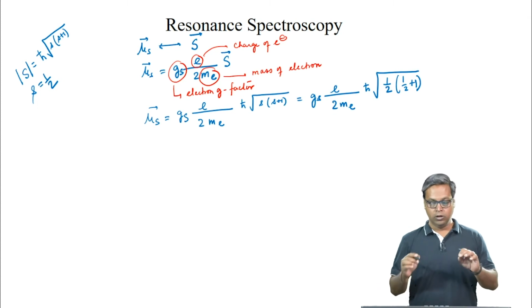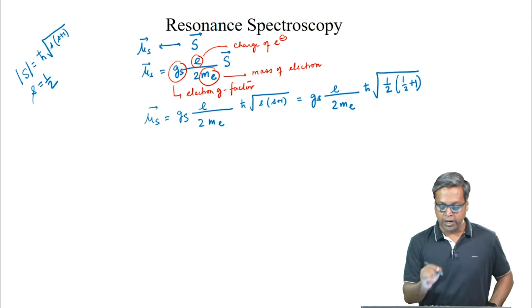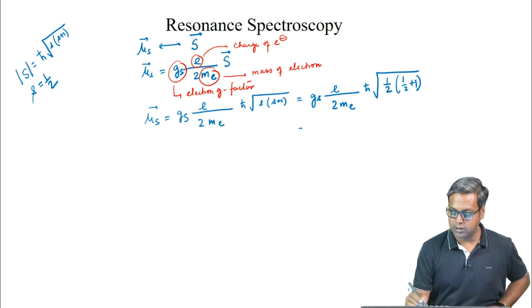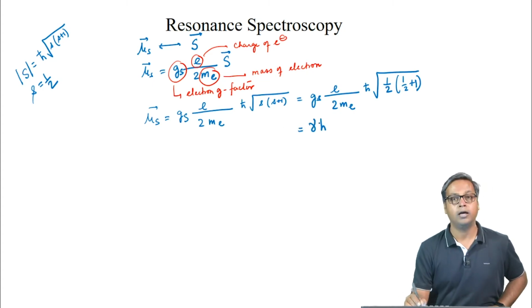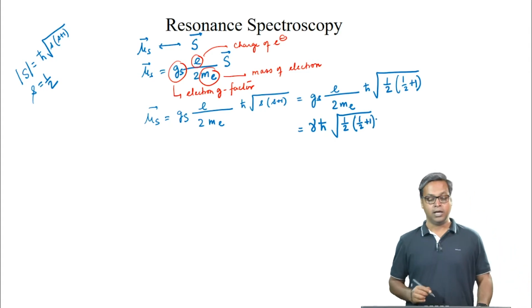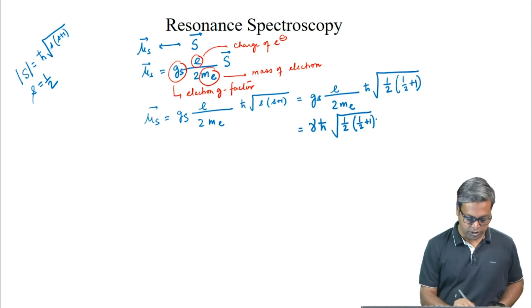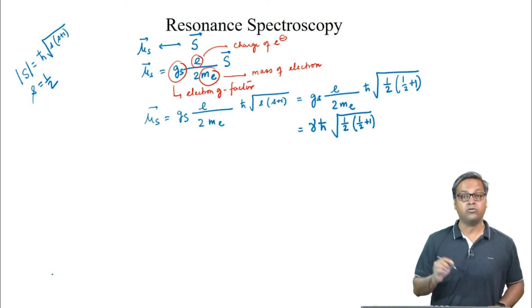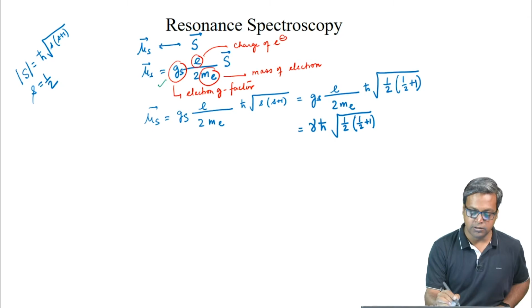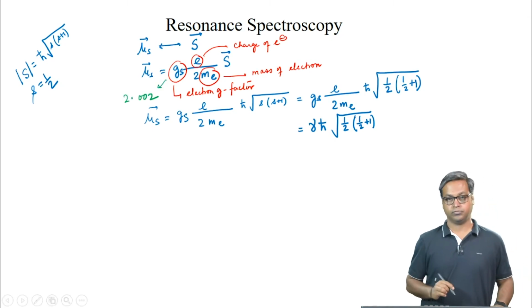So, we can write now that this equals gamma h cross root over half times half plus 1, and the value of this electron g factor, that is g s, is 2.002.